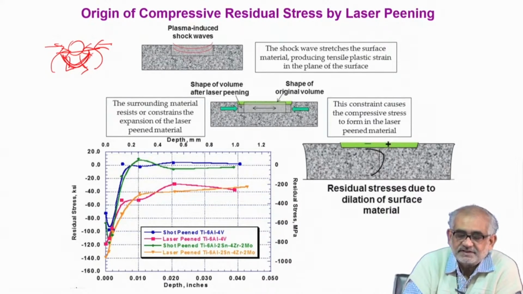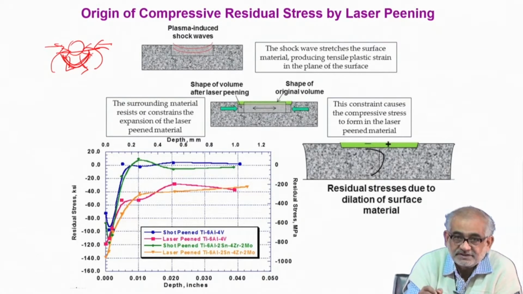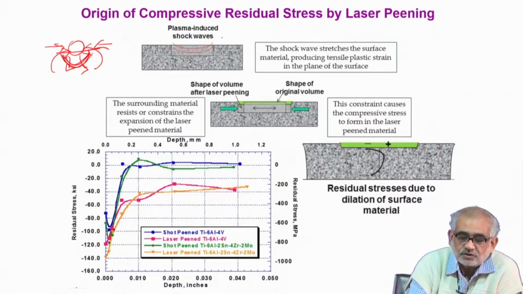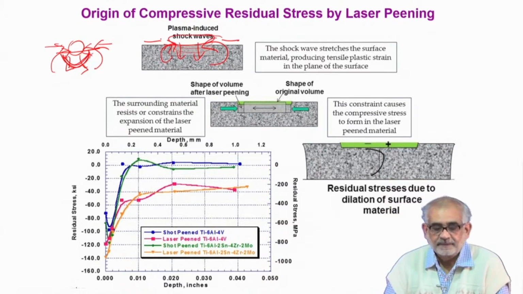The same thing happens in the case of plasma induced shock waves. So instead of a physical object hitting the surface, it's the shock wave created through this plasma which tends to deform the material. Exactly because of the reaction to such a tendency of deformation, you create a state of stress which is towards each other, not away from each other. That means you create negative stresses, or compressive stresses.